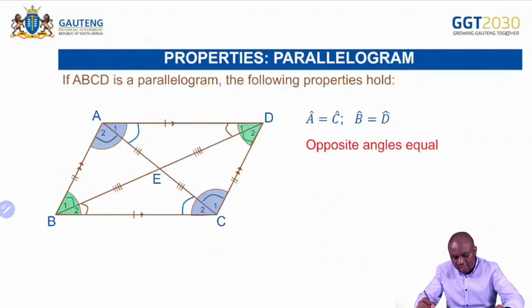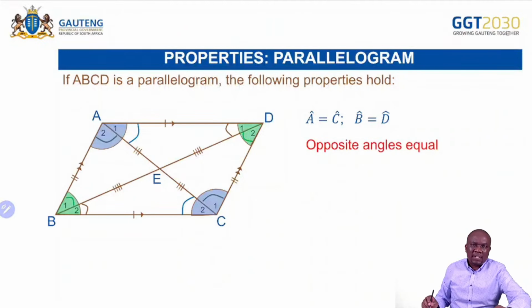Opposite angles are equal. For a parallelogram, opposite angles are equal. Please take note of that. Today we're going to be writing a lot. A lot of notes as we discussed. But please, if you have any questions, please let me know.